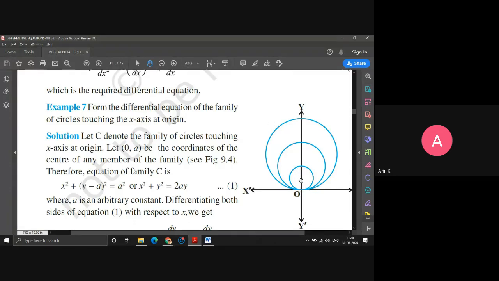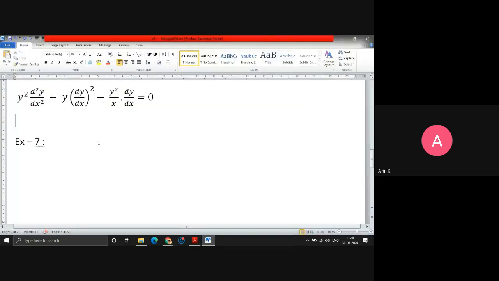This is the distance of the point, which is nothing but the radius. So the point on the y-axis is 0, comma a.